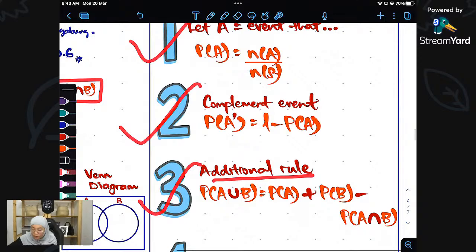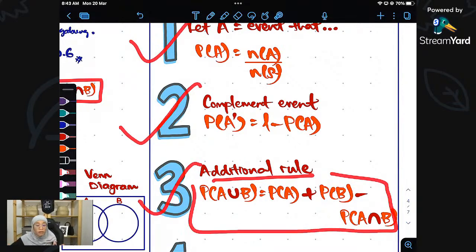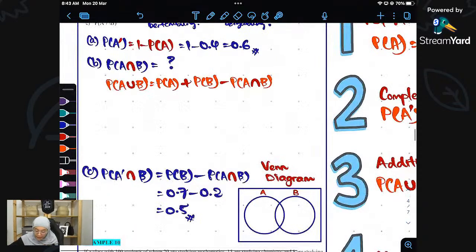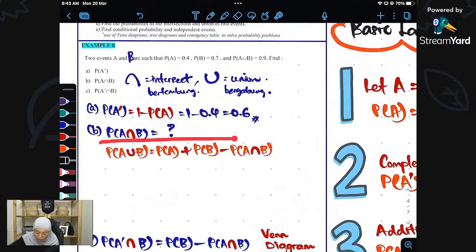So this is a formula you have seen before and you got to memorize it. After you memorize it, you write it down nicely. This is P(A union B) equals P(A) plus P(B) minus P(A intersect B). Hafal.